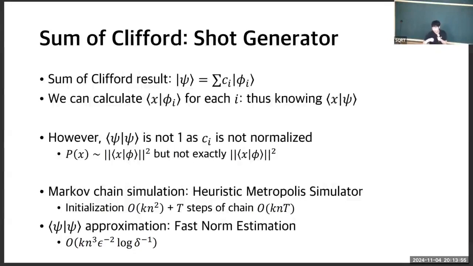So it just uses Markov chain simulation here to generate samples of x. And the approximation of psi squared here would be calculating all possible x to calculate all p(x) to perfectly generate the shot generator. Yes.